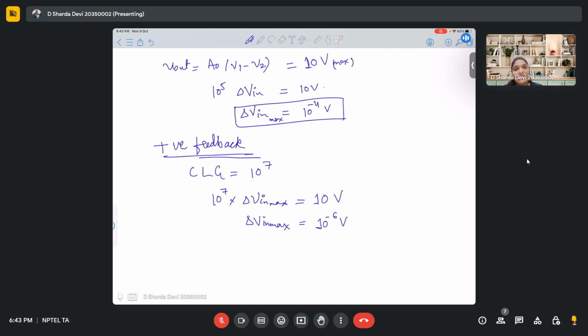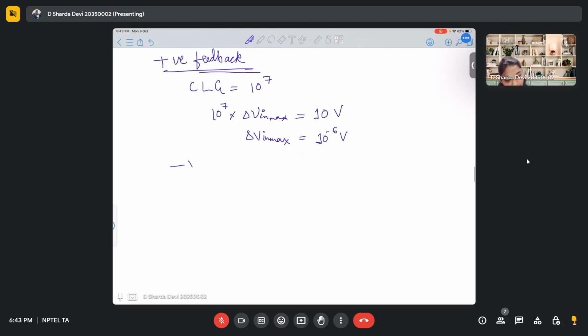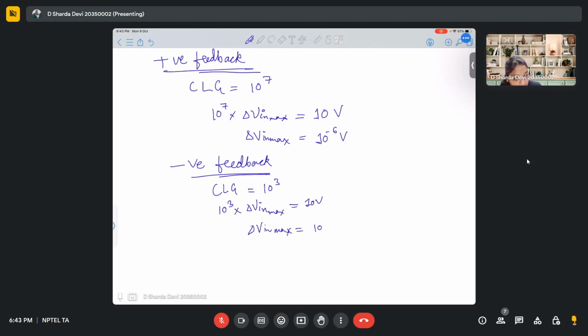Can you see the importance of feedback? Now, let's say you have negative feedback, and we know that negative feedback reduces your gain. So the closed loop gain now has become 10 to the power 3. So the maximum input difference that you can provide is 10 to the power minus 2 volts, that means 10 millivolts.